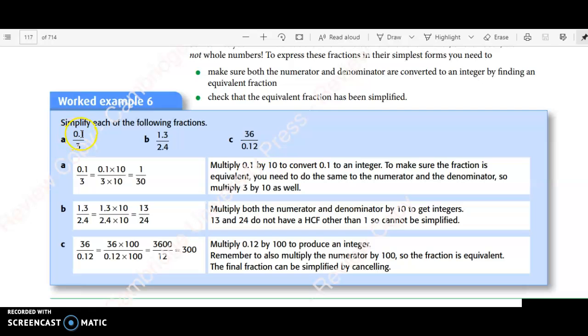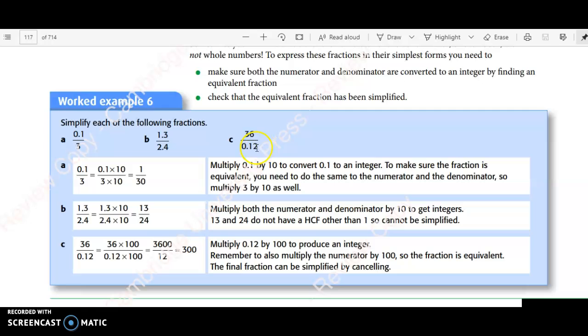For example, 0.1. The decimal digit in 0.1 is 1, so you multiply by 10. So you get 1 out of 30. So you have no decimal form anymore in the fraction. For example, 1.3 times 10, 2.4 times 10, so you get 13 out of 24.